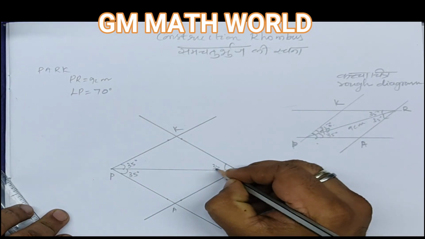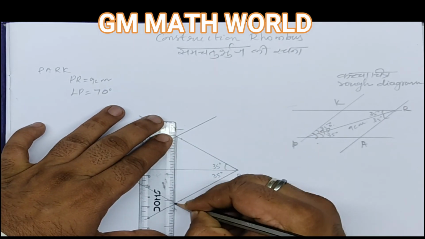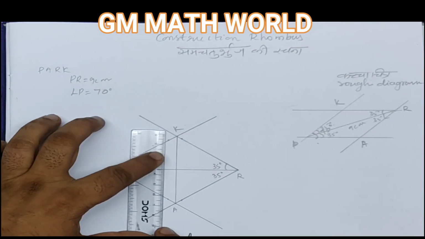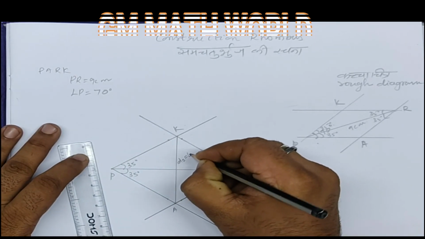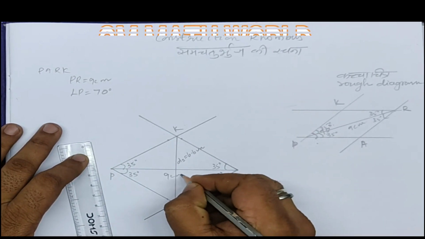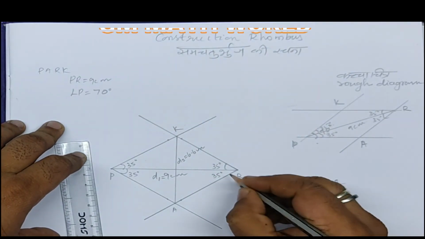This is how we complete the parallelogram PARK when the diagonal and one angle are given, and the required rhombus is obtained. PARK, one diagonal is 9 centimeter and the second diagonal by measuring is 6.6 centimeter.